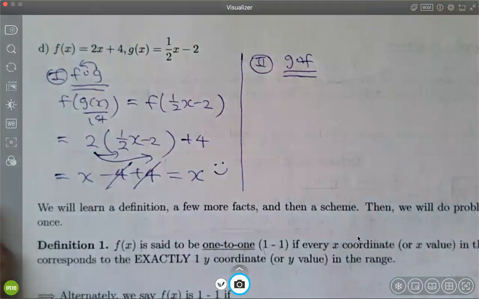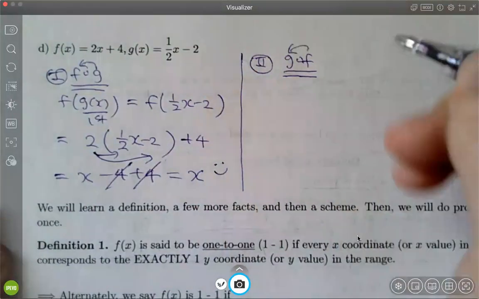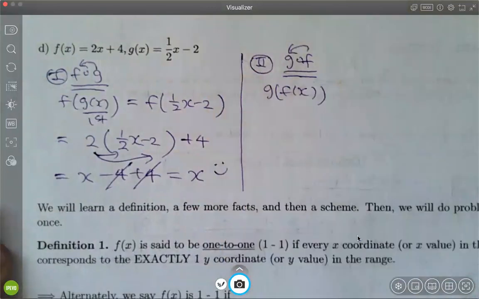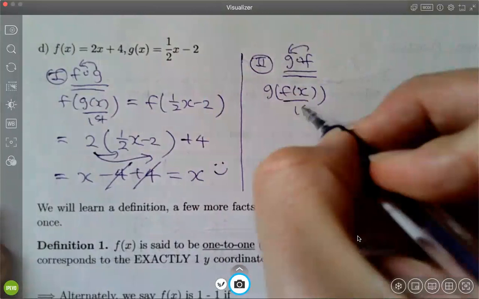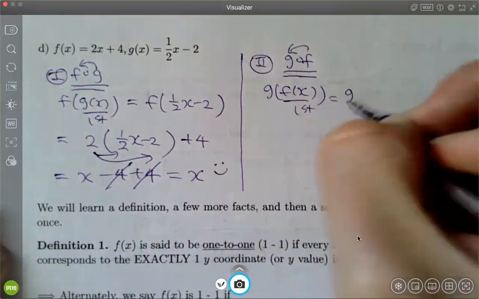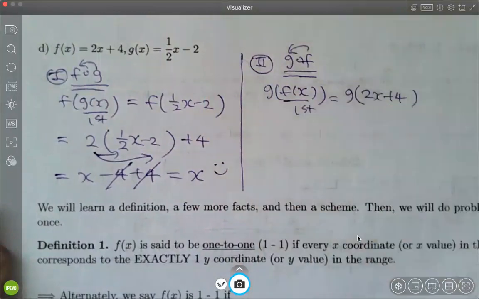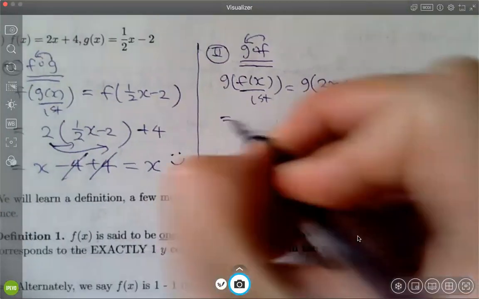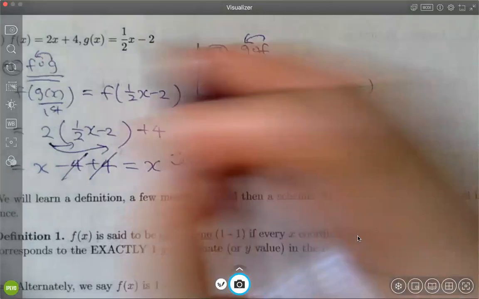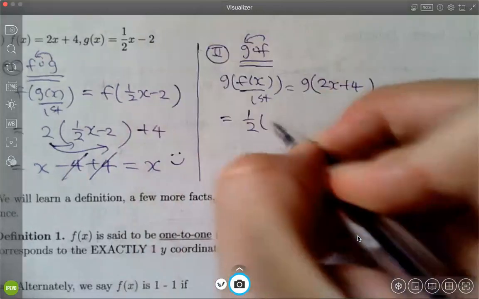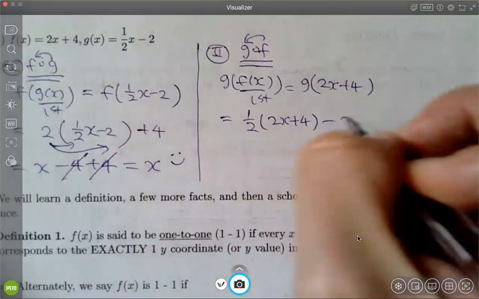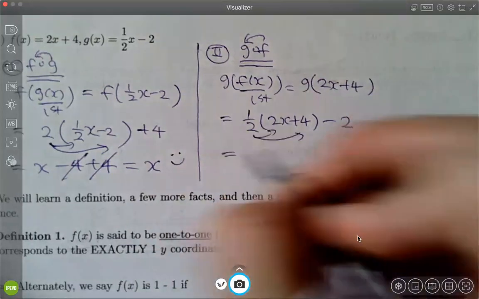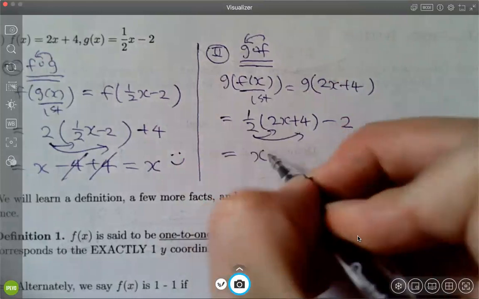So here what do we do? Plug F into G, so it's G of f of x. We do F first, and that is G of 2x plus 4. That means we replace x in g by 2x plus 4, so it's 1/2 times (2x plus 4), and then minus 2 in the back. Distribute 1/2: x plus 2 minus 2.